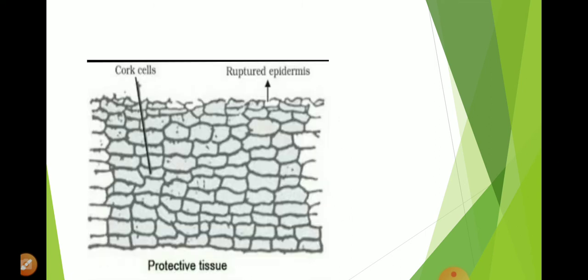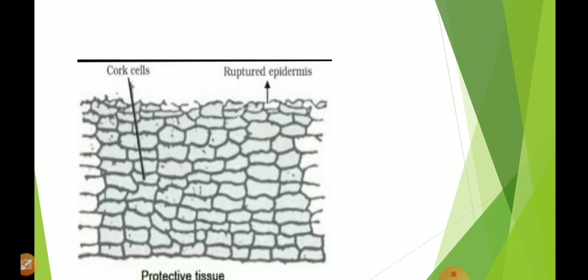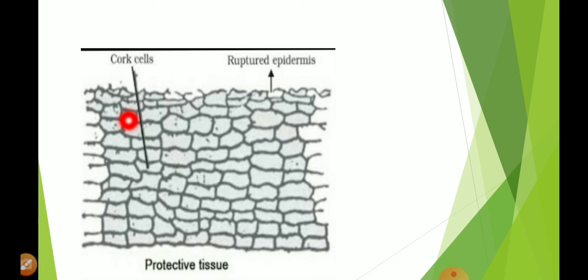If you see the structure of a cork cell in that picture, these cork cells do not have any kind of spaces, so they are without intercellular space, and they have a thick covering made up of the chemical substance called suberin.